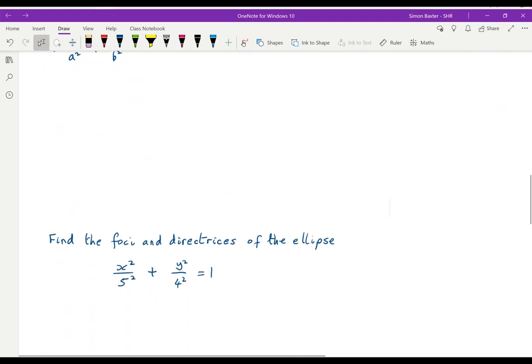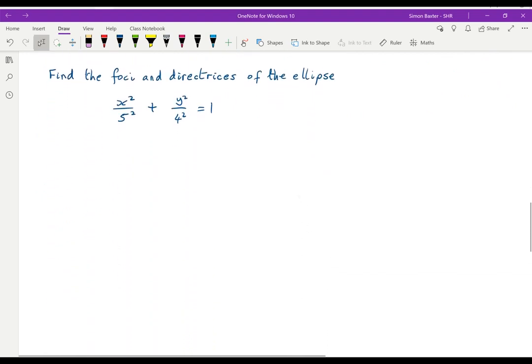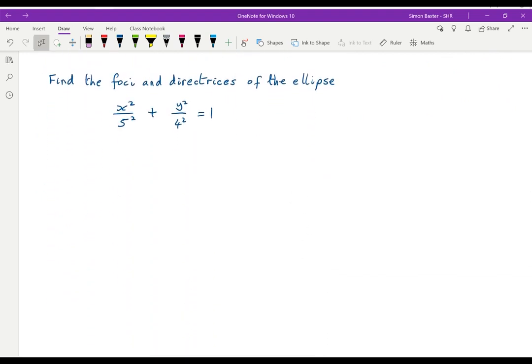Well, let's have a look at an example. How can we find, from the standard equation of the ellipse, where the foci and directrices are? Well, we are starting from x squared over a squared plus y squared over b squared. And what I've just said is that b squared is a squared times 1 minus e squared.